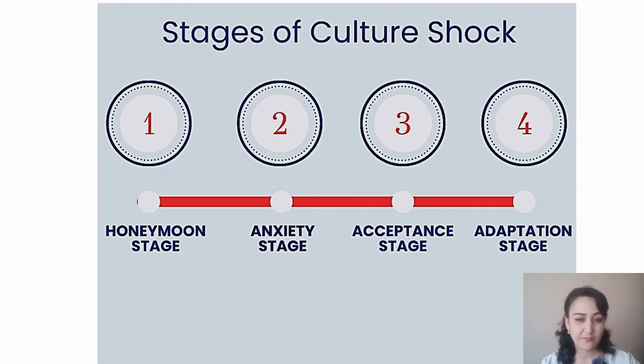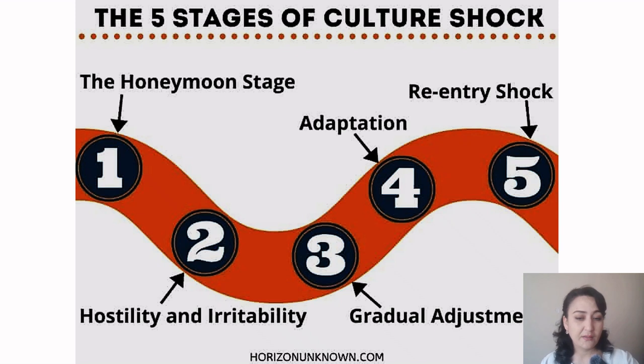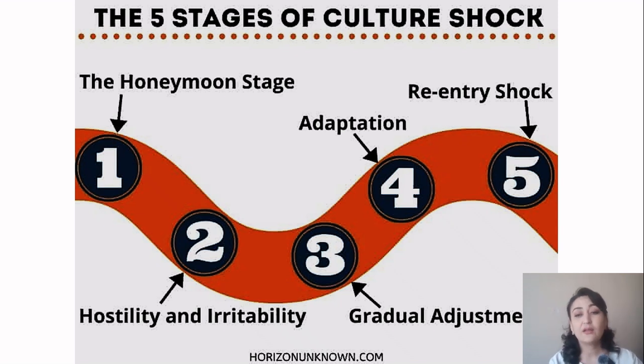Next picture. And in this picture, there are given not 4 but 5 stages of culture shock. The honeymoon stage, hostility and irritability, gradual adjustment stage, adaptation stage, and last one is a re-entry shock.